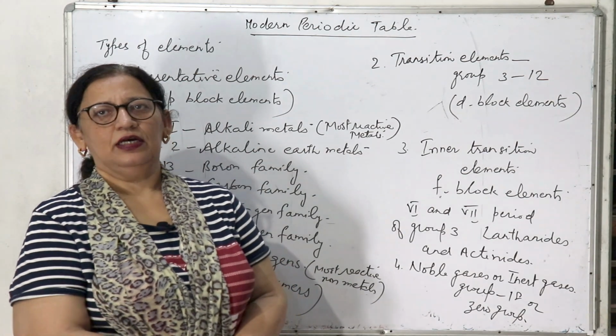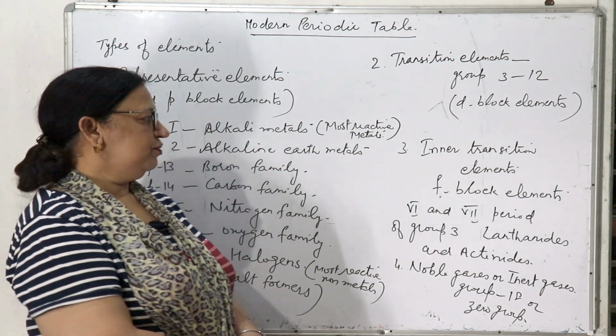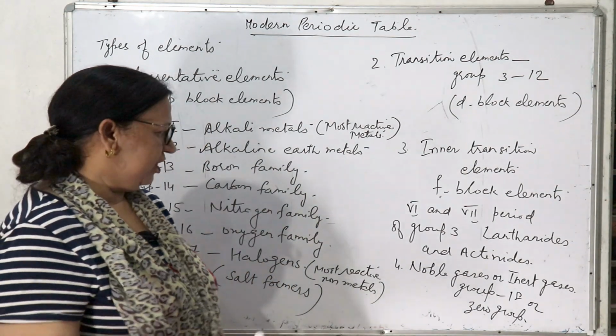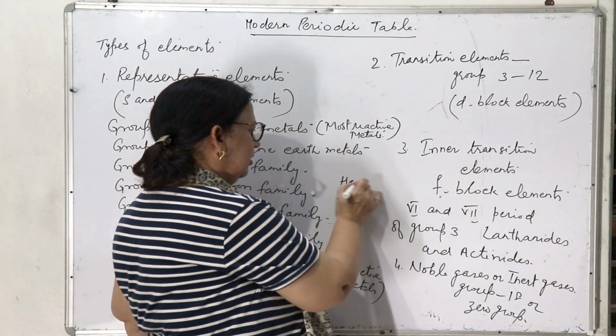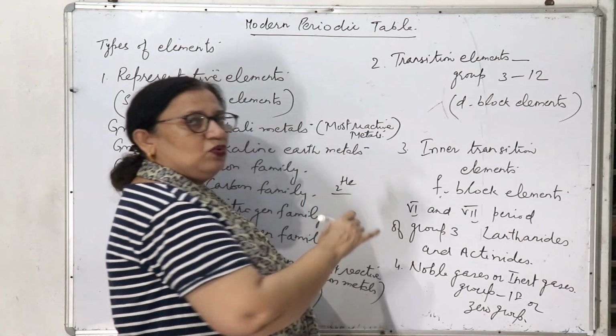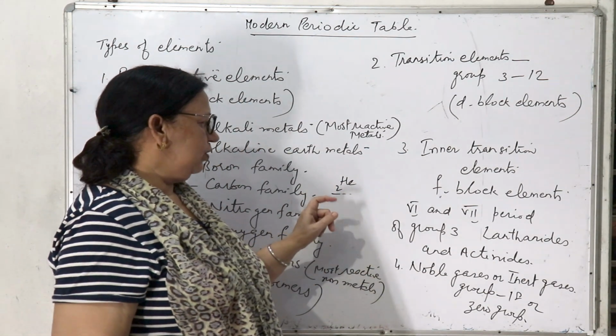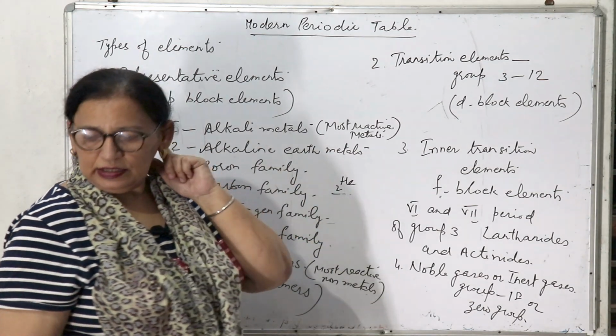Because they have a stable electronic configuration. They have 8 electrons in their outermost shell, except helium, which has 2 electrons in the K shell. The K shell becomes complete with 2 electrons. That is why they are called noble gases.